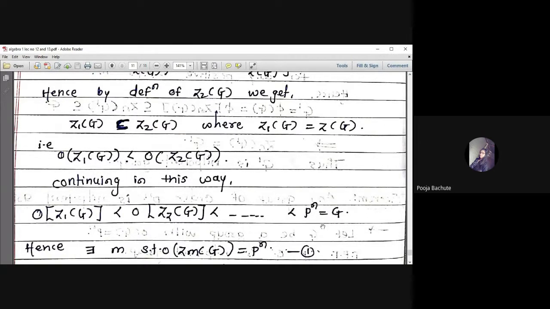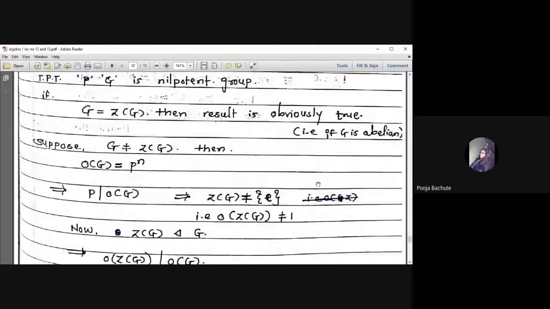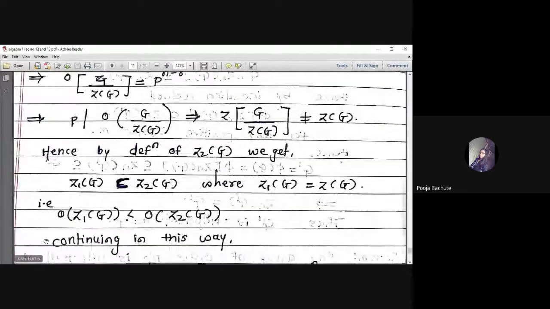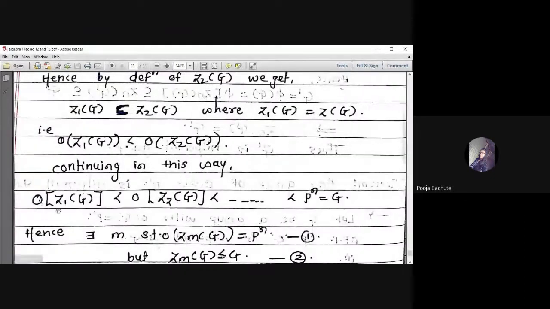Continuing in this way, we get the order of Z1 of G is less than the order of Z2 of G, and so on, up to p raised to n, which is equal to G. The singleton {e} is nothing but Z1.